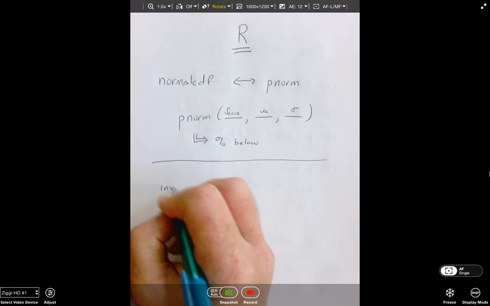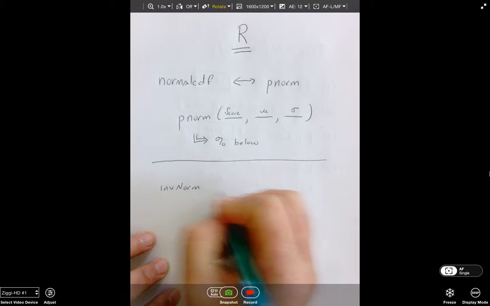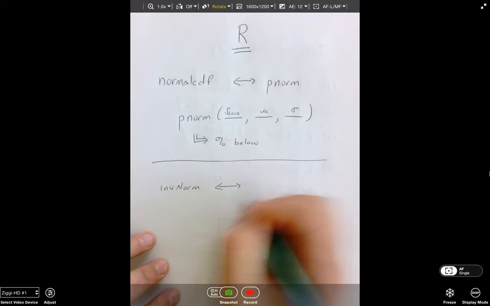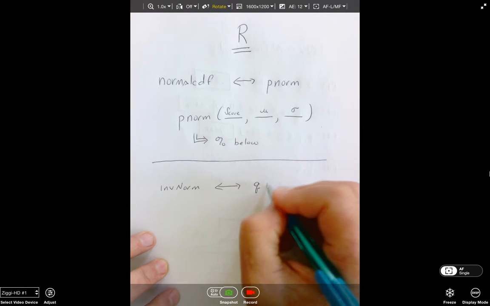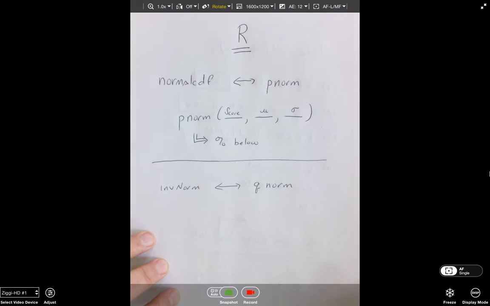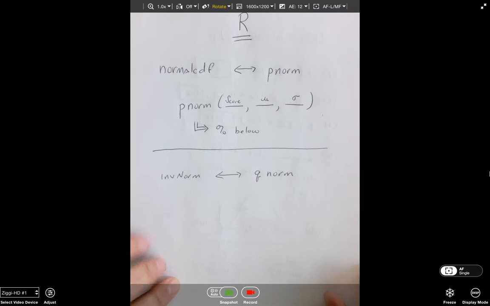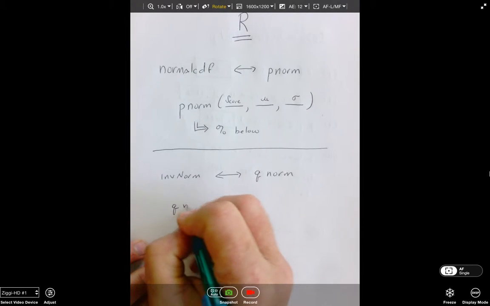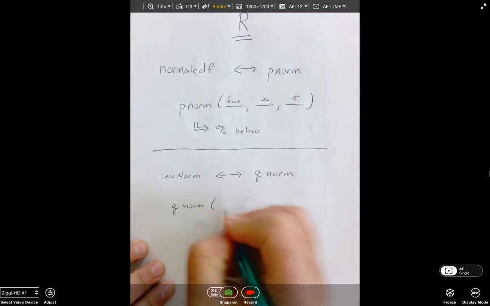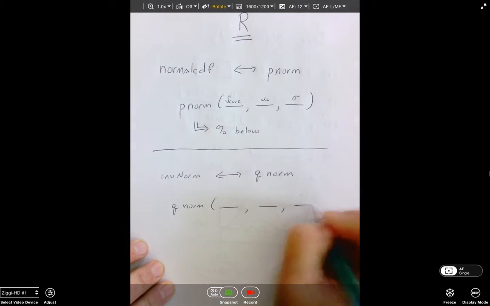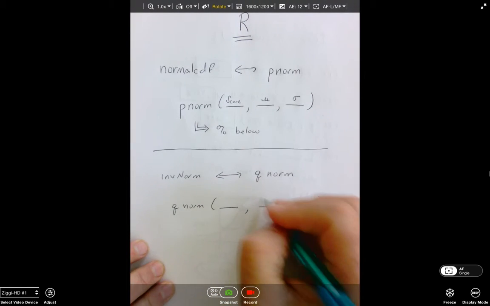The inverse norm key on the graphing calculator is given as Q norm. And Q norm has three values that you have to put in.